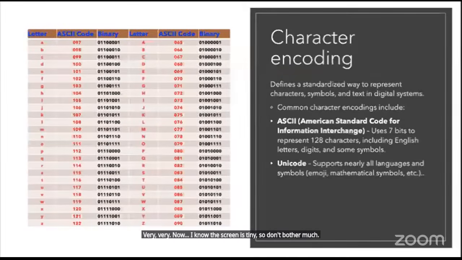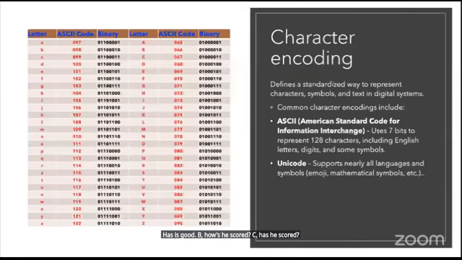I will explain it. Character encoding is a system that assigns a unique number to each character in a set. Let's say A, B, C, D to Z, the English alphabet. A has its character number, has its code. B has its code. C has its code.